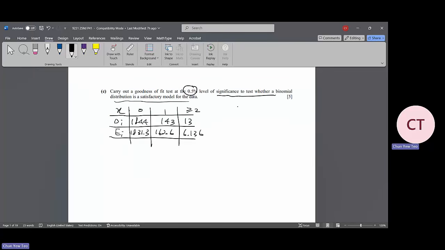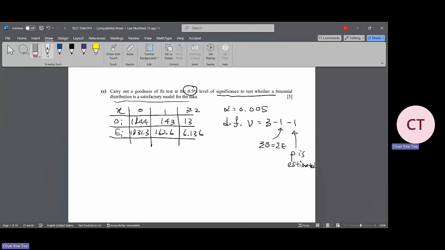From here, we can find the critical value. Your alpha is 0.005. Then your degree of freedom is equal to the 3 columns minus 1 minus 1. The first minus 1 is because the sum of the observed frequency is equal to the sum of the expected frequency. The other minus 1 is because the p is estimated.